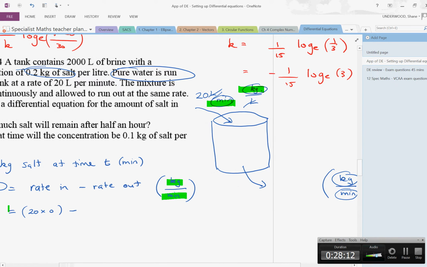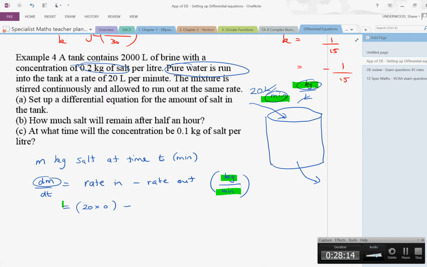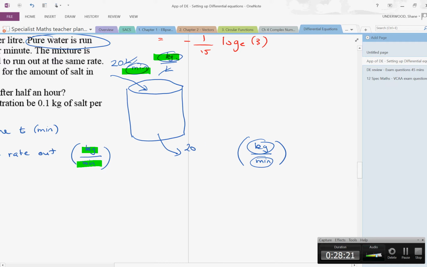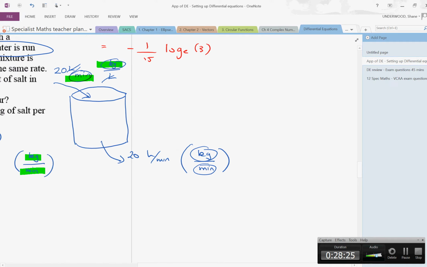It's 20 litres per minute, sorry, and there's a concentration of x over 2,000 litres. So it's 20 litres per minute going out, yes? And we need kilograms per minute. So how many kilograms of salt are at time t?